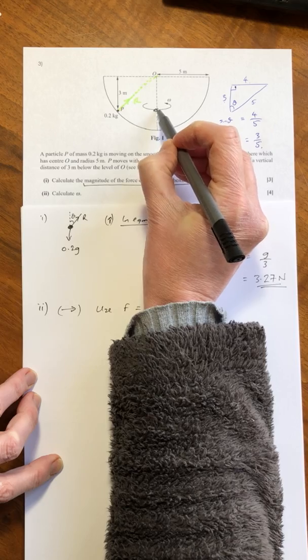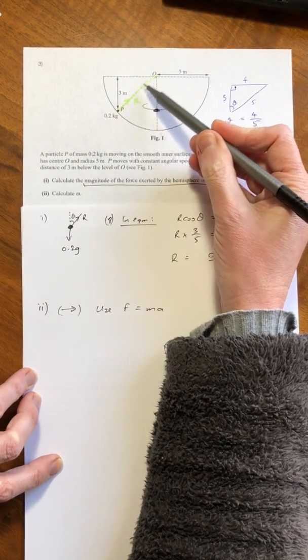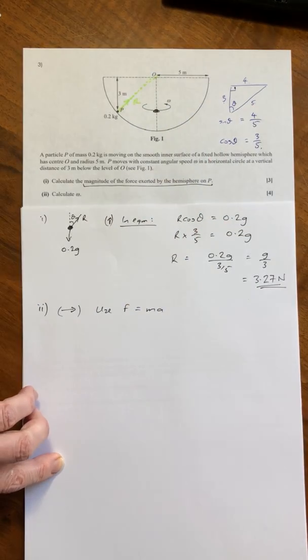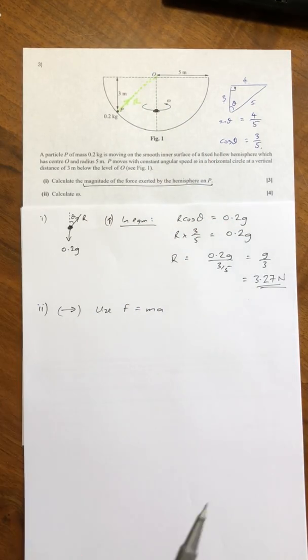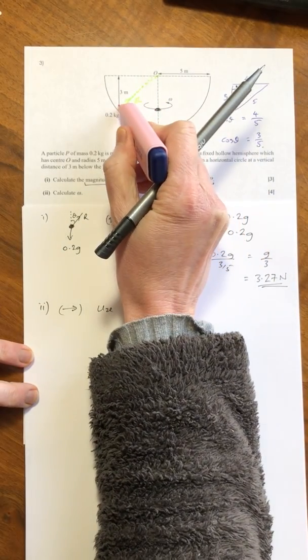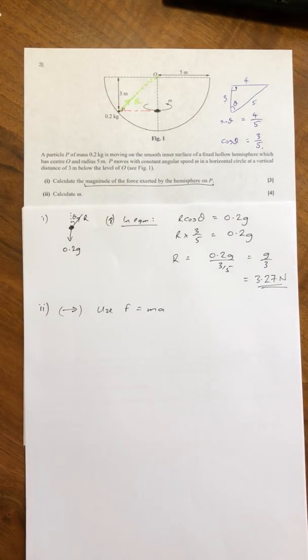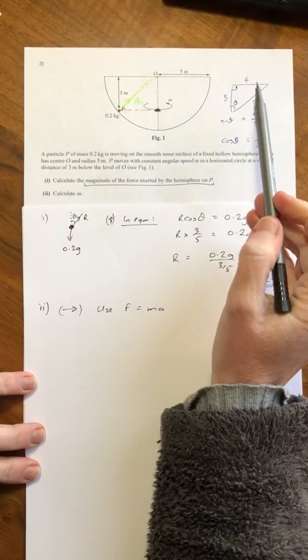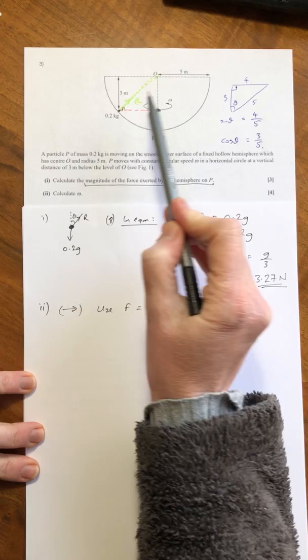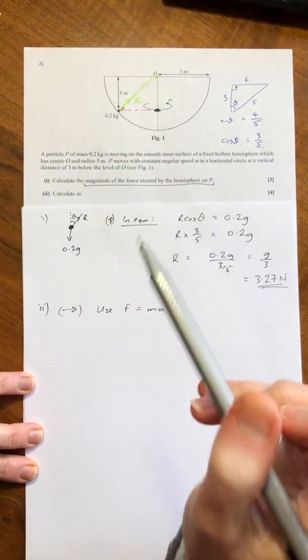So I'm not going to be using 5, which is the radius of the hemisphere. I specifically want the radius that our particle is going round in. And that is this distance here in pink. So what I'm going to be using is, I've already worked it out there, it's that length 4. So I've got a 3, 4, 5 triangle there.